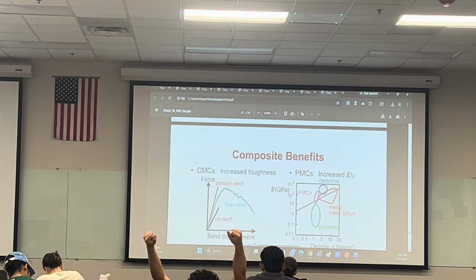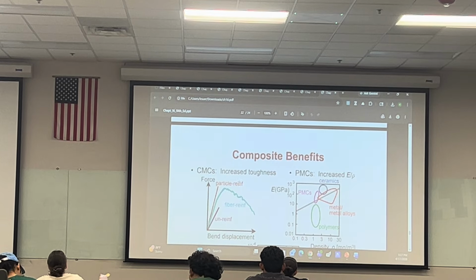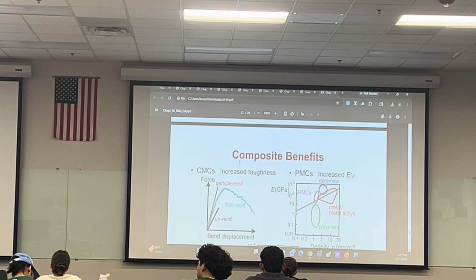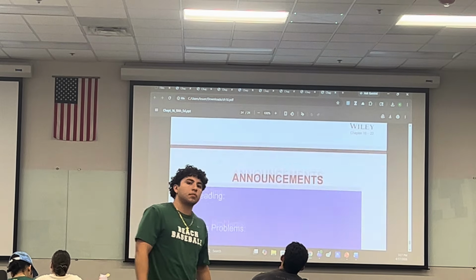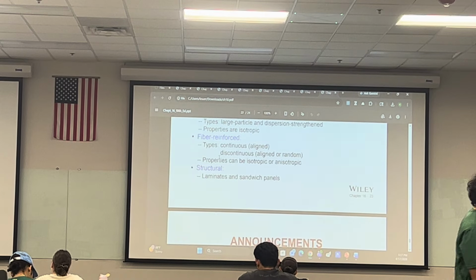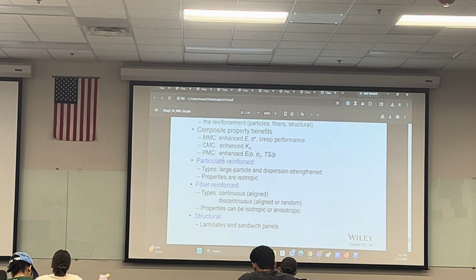So the main thing about composites is the mechanical properties or stress strain behavior of composites. You should also know about those, and basically that's it.